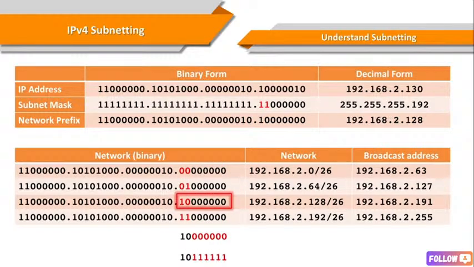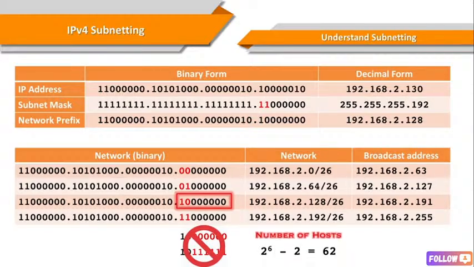All zeros and the all ones values for the host ID are not allowed in a subnetwork, right? These 2 values are reserved for the network address and broadcast address, respectively. So the maximum number of hosts which can be addressed in these subnetworks is 2 to the power of 6 minus 2, which equals 62. Excellent.